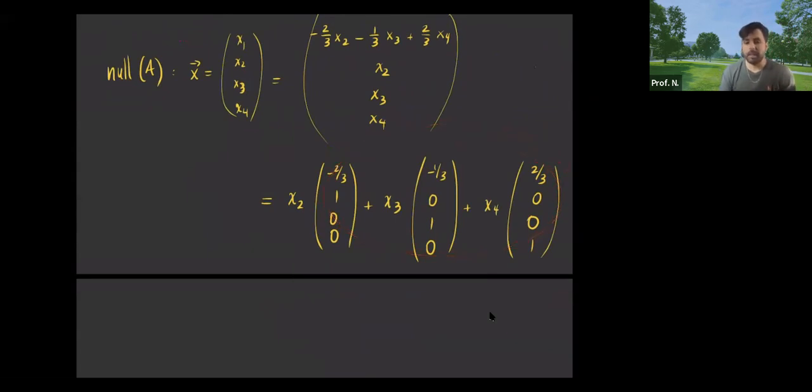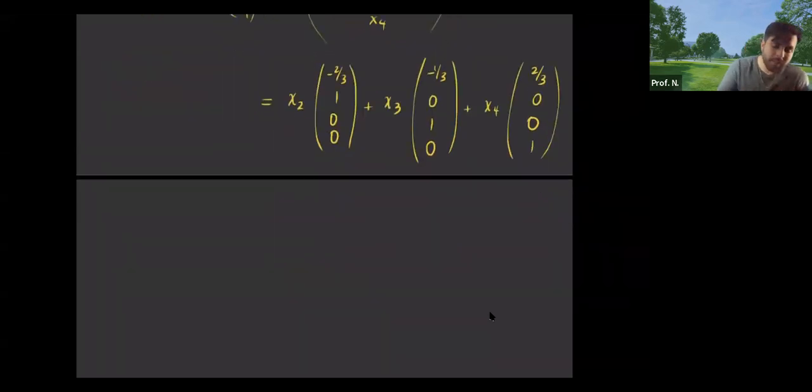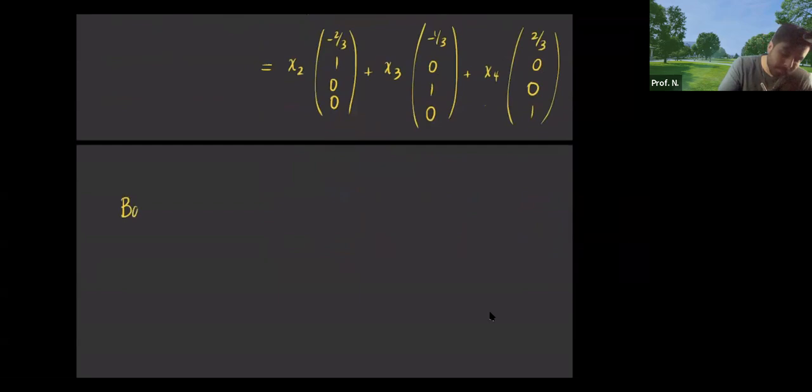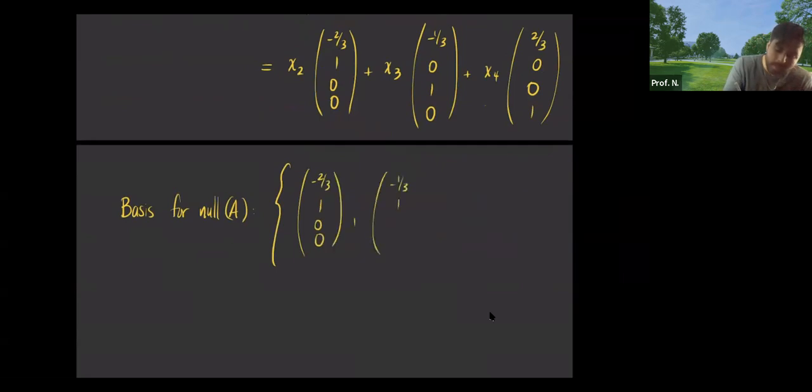They're linearly independent. Because they're linearly independent and they span the null space of A, because of the linear combination, they're the basis. So what's the basis? Basis for the null space of A. It's the vectors negative 2/3, 1, 0, 0, comma, negative 1/3, 0, 1, 0, comma, 2/3, 0, 0, 1.